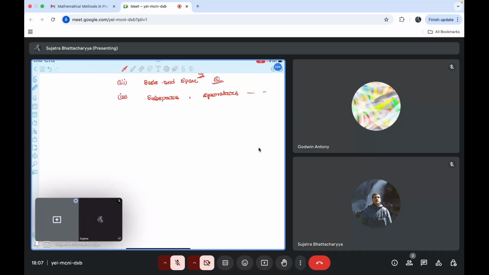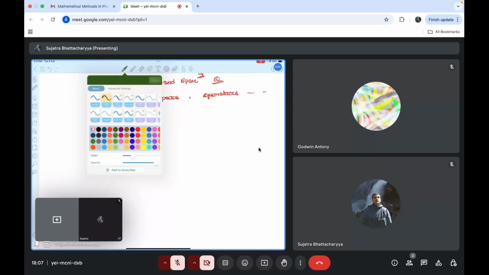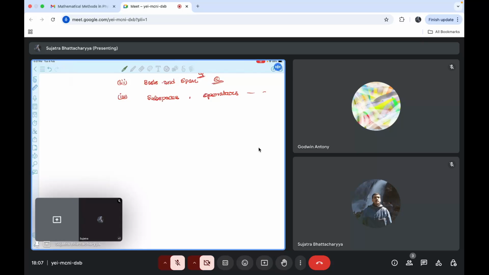Okay, to start with, suppose you have a system of linear equations, something like this: a1x plus b1y plus c1 equals 0.